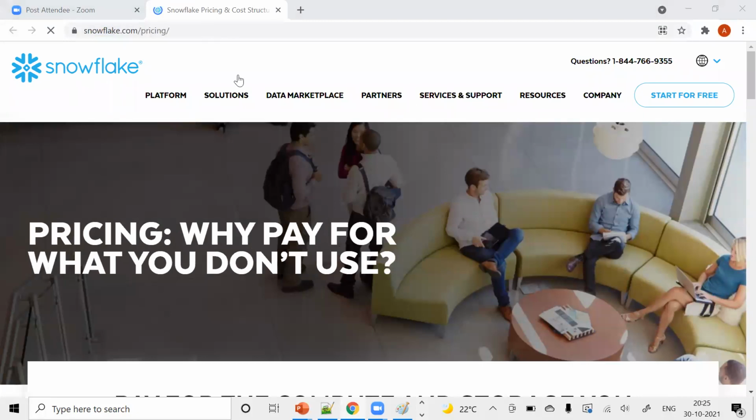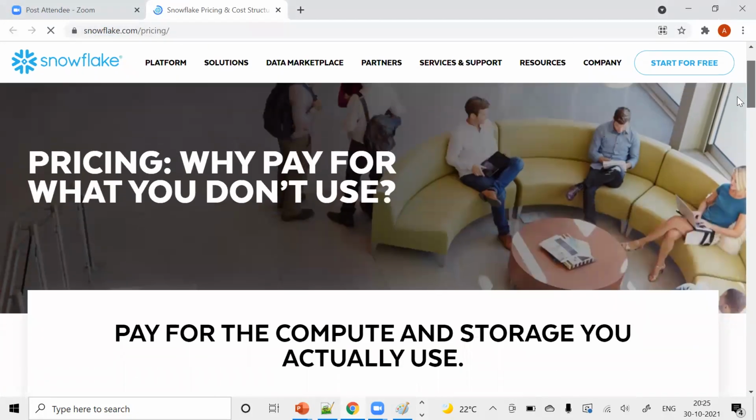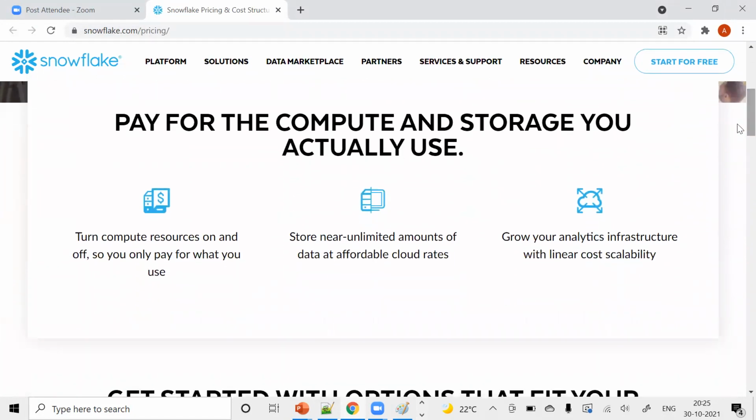So this is the page which will give you the pricing model of Snowflake. Let's come down and see. Pay for the compute and storage you actually use. That's what we have been telling. Till the time you're using them, that is the only time you will be charged. Turn compute resources on and off so you can pay for what you use.